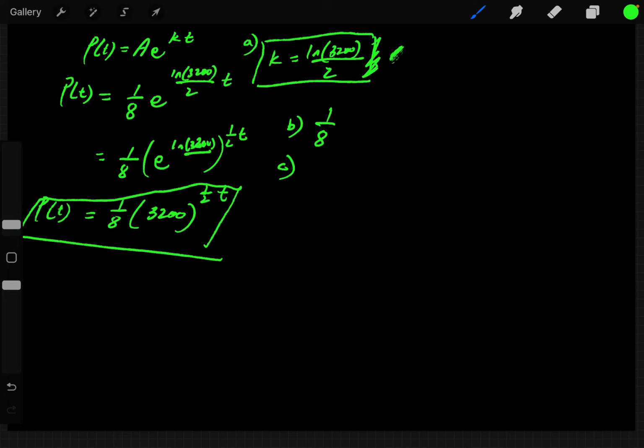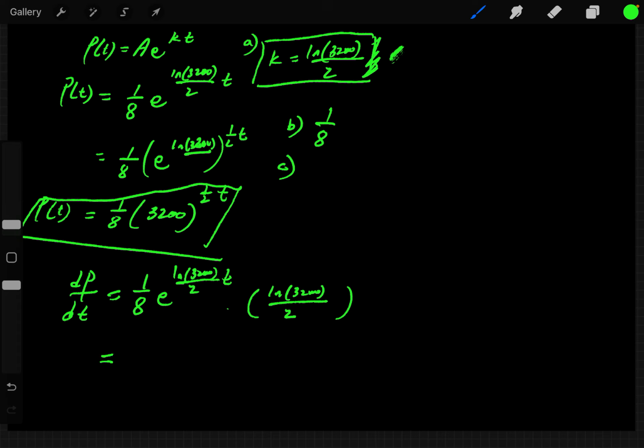So the growth rate after 4.5 hours, that's actually a good question. dp dt should be the k value. It shouldn't change. So it's e to the ln 3200 over 2 times t, times the derivative of this, which is ln 3200 over 2. That's dp dt.